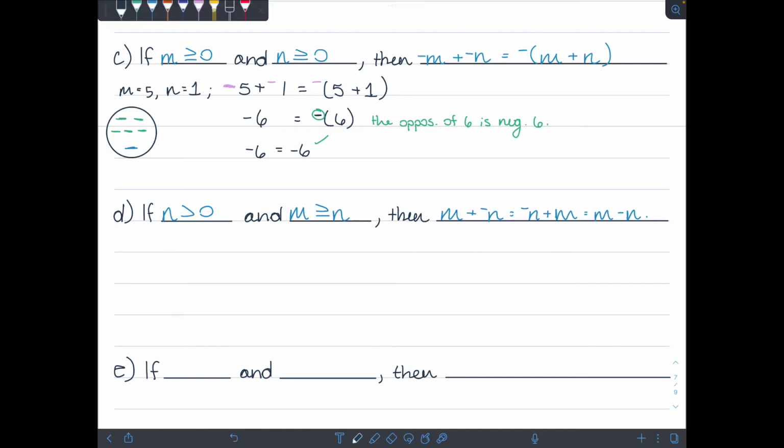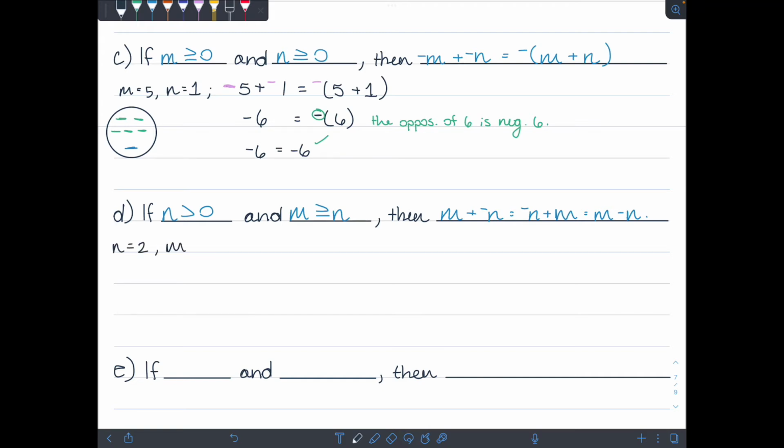And what is this trying to tell us? If n is greater than 0, and m is greater than or equal to n, so m's number value is bigger than n, then m plus negative n is equal to negative n plus m, which is the same thing as saying m minus n. Let's test this out.